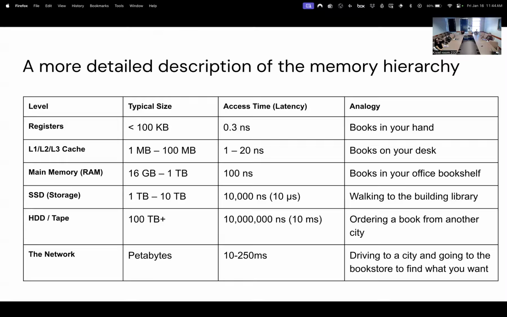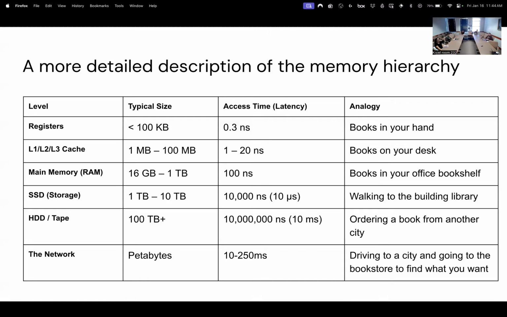For those of you who have been gamers, if you have a bad ping, that's the round trip latency of sending some message from my computer over the network to another computer and back. And so that's much, much slower.